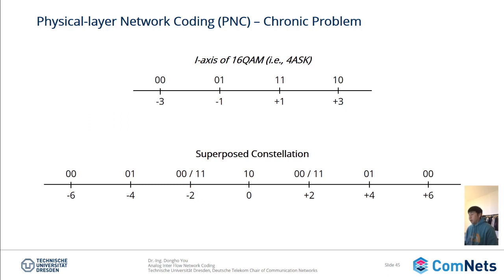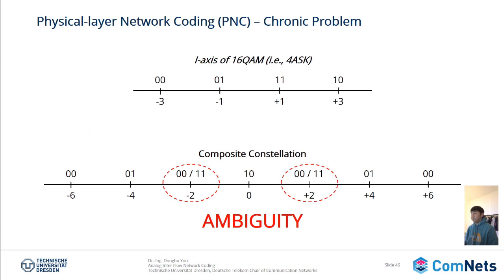Anyway, -3 and +3 is 0, -1 and -1 is -2, and -1 and +1 is also 0, and +1 and +1 is +2, and +1 and +3 is +4, and +3 and +3 is +6. Yeah, did I miss something? It's so confusing. Anyway, there are 7 superposed constellation points at the relay node.